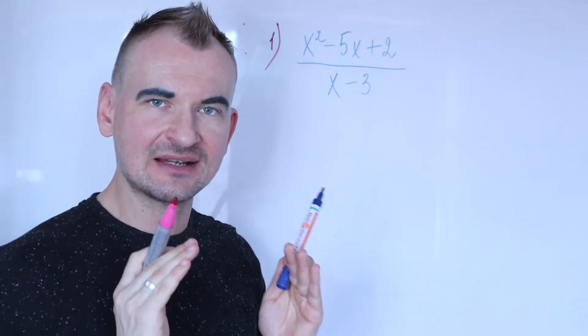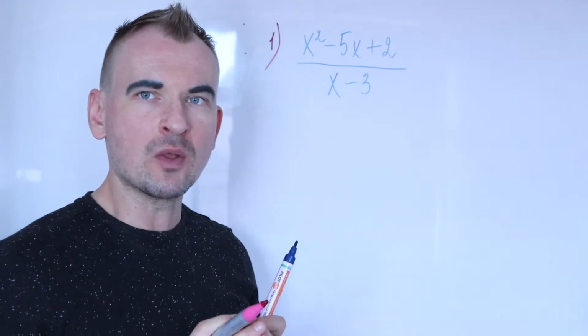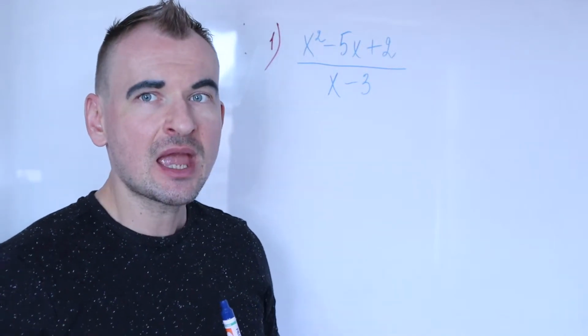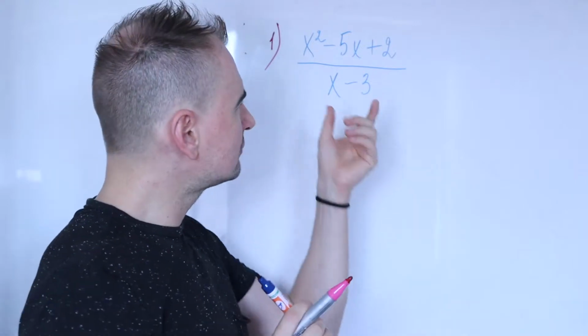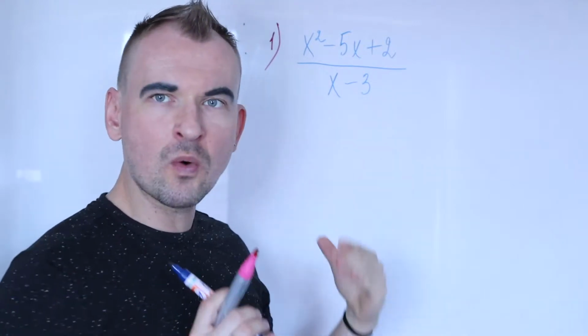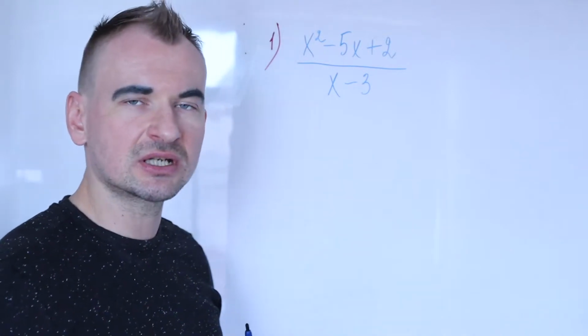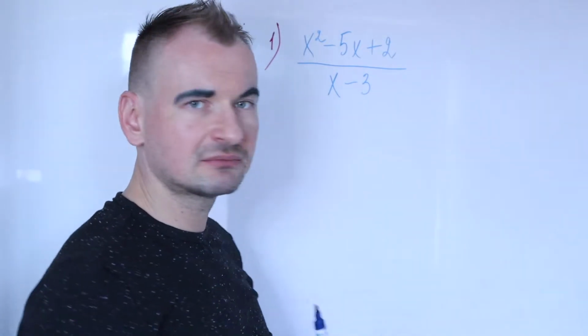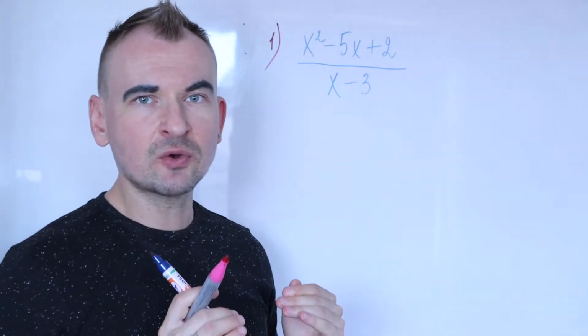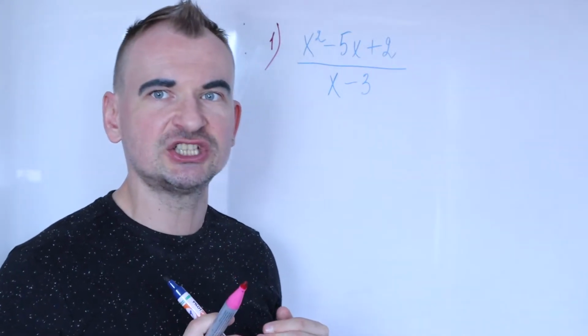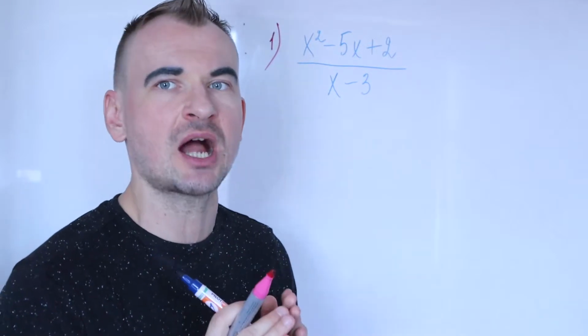So it's basically a linear polynomial or linear expression. You could also apply a normal long division, and I have another video you can check out later. But today we're talking about synthetic division, which is again a shortcut.